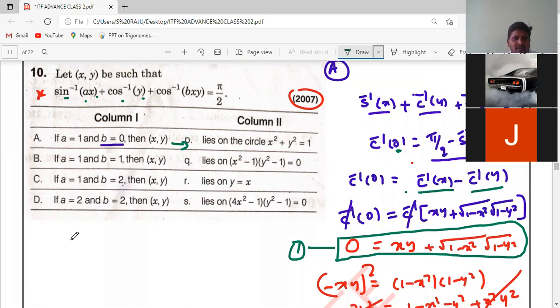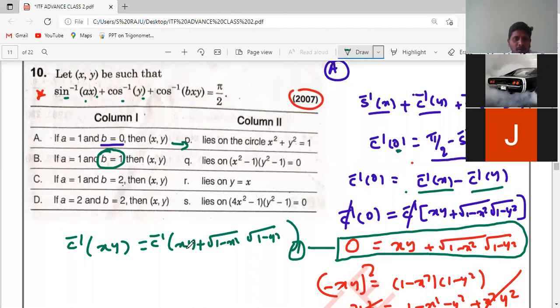The equation 1 is same, but LHS alone, cos inverse of not 0 here, it is clearly xy because B value is 1. B value is 1, so cos inverse of 1 is xy. We got like that. Right side is cos inverse of xy plus root over 1 minus x square, root over 1 minus y square. Is it clear?